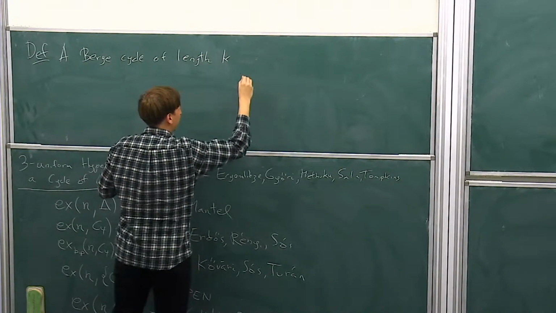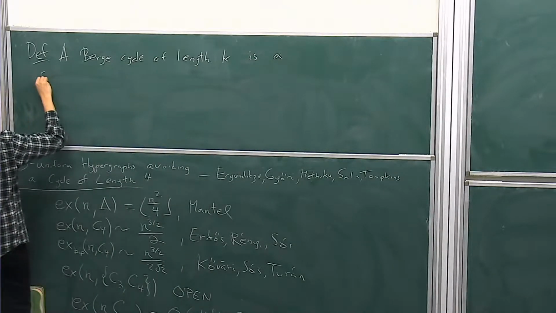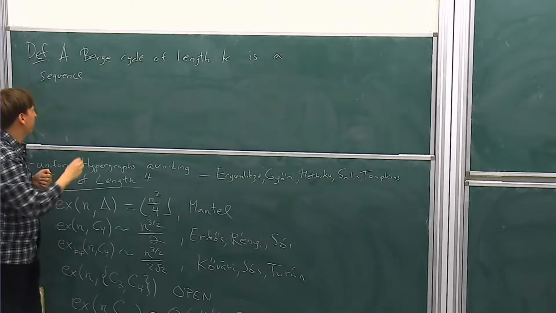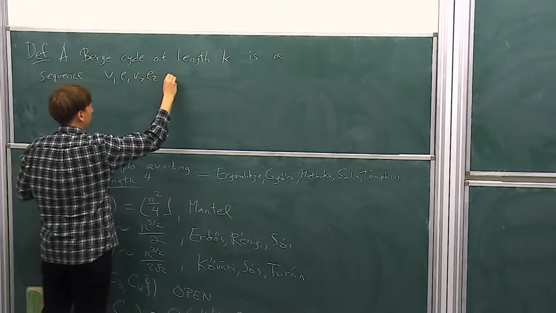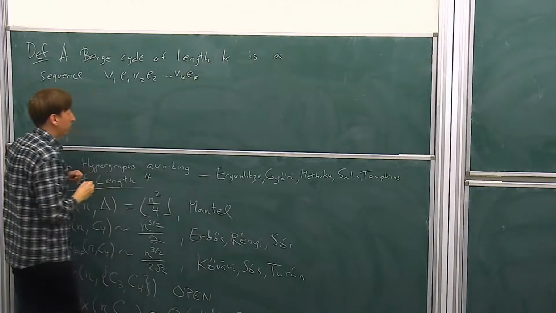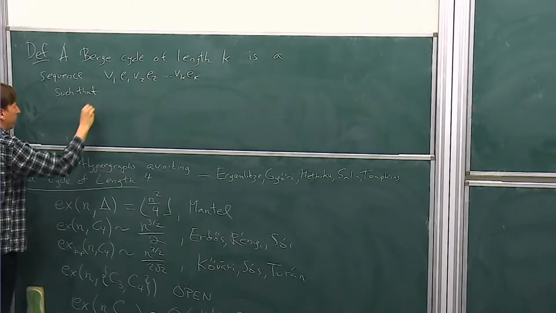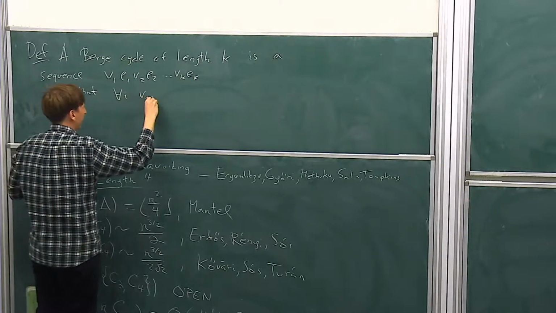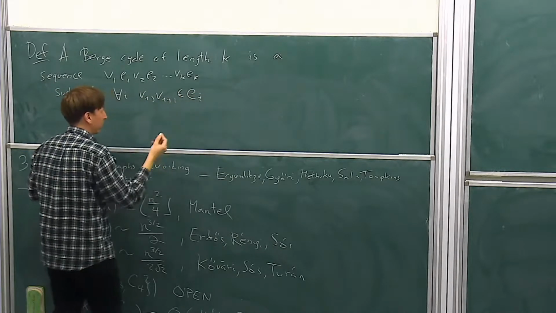Well, I'll just think of it informally as a sequence in a hypergraph, of hypergraph elements, let's say v1, e1, v2, e2, up to vk, ek, such that for all i, vi and vi+1 are in the ith edge, let's say mod k.